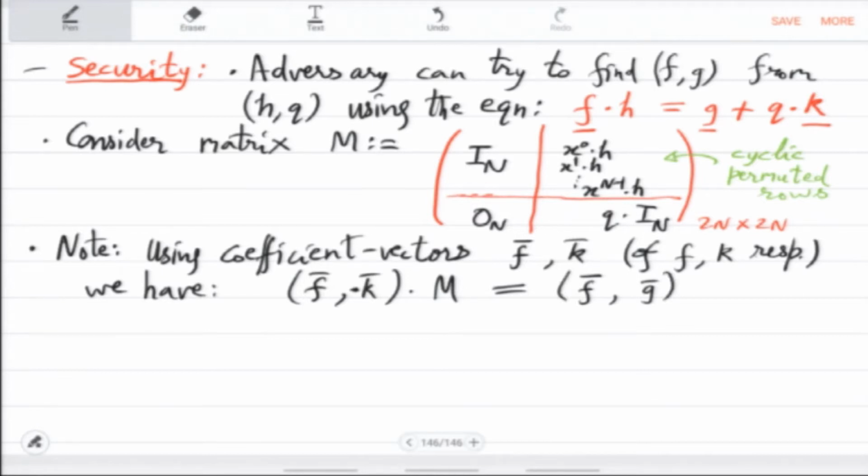Okay, so that's the coefficient vector of G.